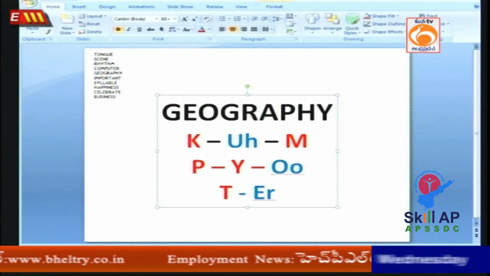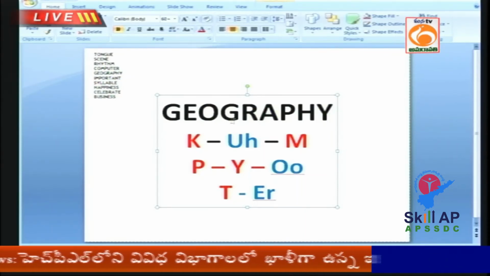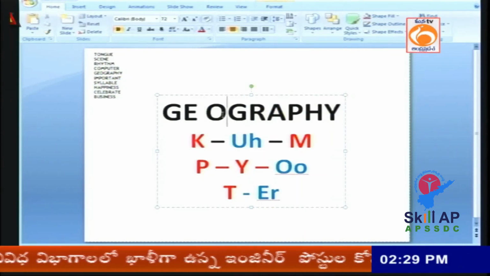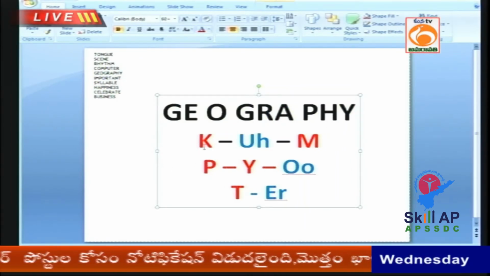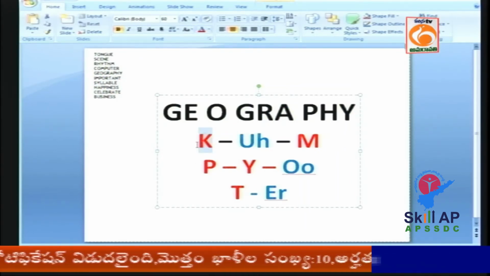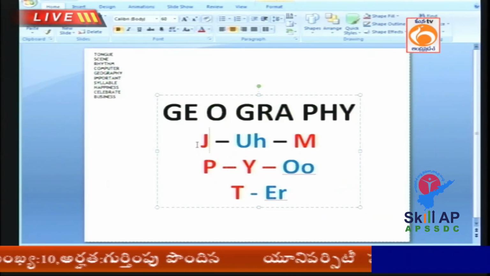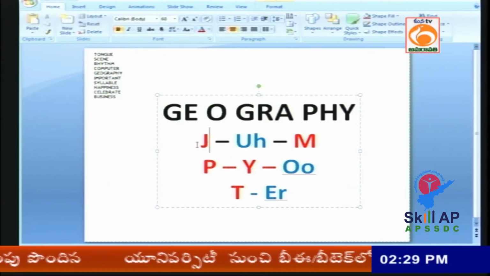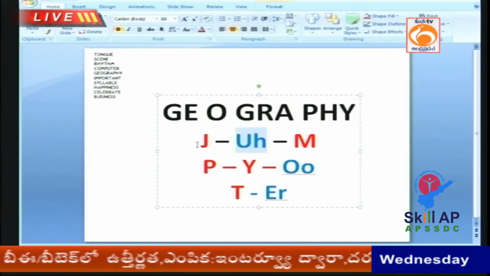All right. Next, now this is a little complex in terms of breaking it down. Geography. Like I said, do not pronounce this incorrectly. So let's start. It starts with a j sound. Short vowel e.